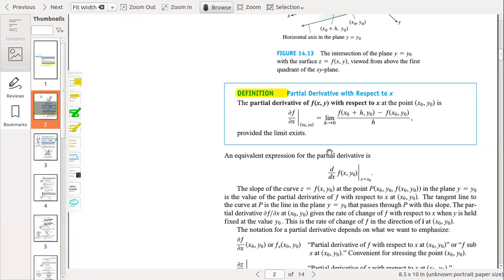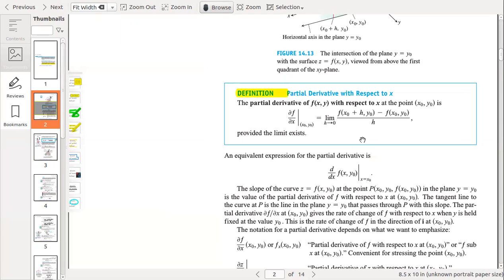It means we are actually calculating the limit along the point x naught. That is why we make an increment along x. And as h approaches 0, that means if h reduces to 0, then x naught plus h will be closer to x naught.